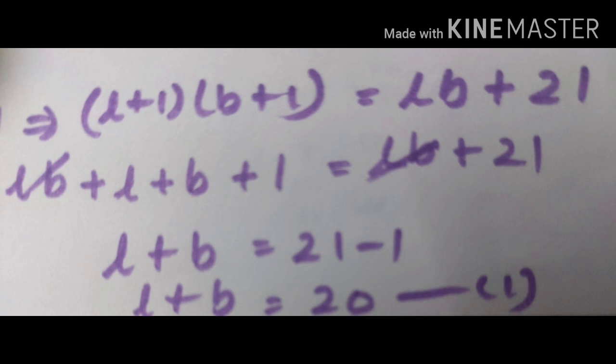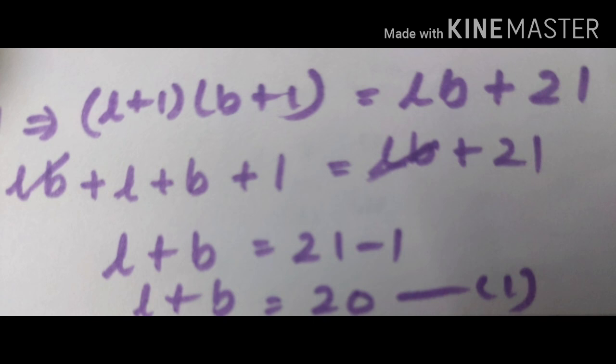Now on the left side, binomials multiplication: LB plus L plus B plus 1 is equal to LB plus 21. LB on both sides gets cancelled. So L plus B is equal to 21 minus 1. L plus B is equal to 20. Now we reach our equation number 1. Now using this you can find L and B values.